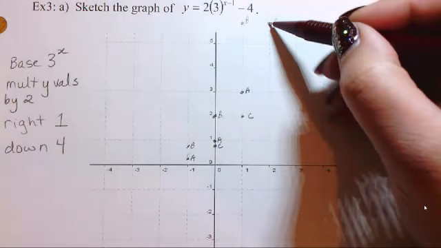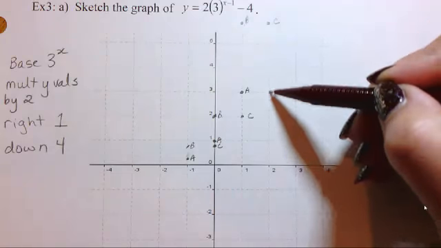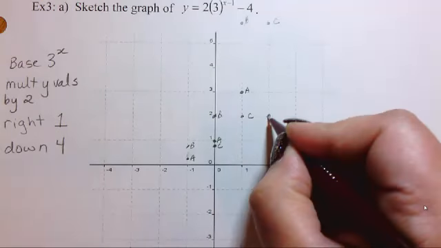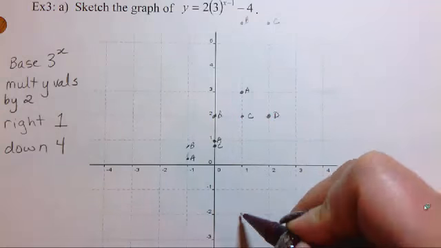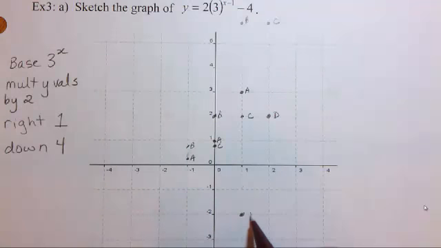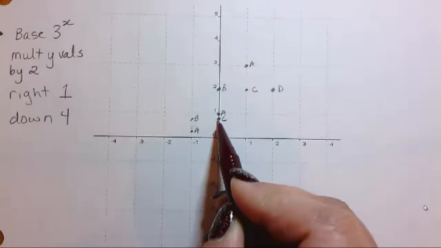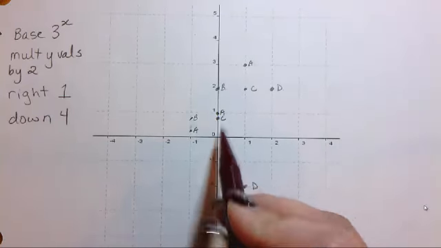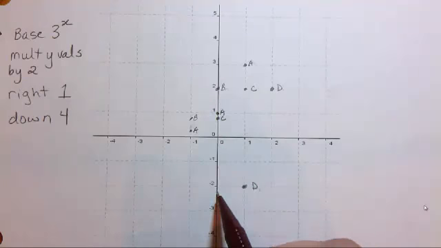Okay, I'm going to work with the whole numbers first because those are just easier to do. 1, 2, 3, 4. So this is my D. And then 1, 2, 3, 4. That's my D. Then here, 1. Whoa, I didn't move anywhere. 1, 2, 3, 4.